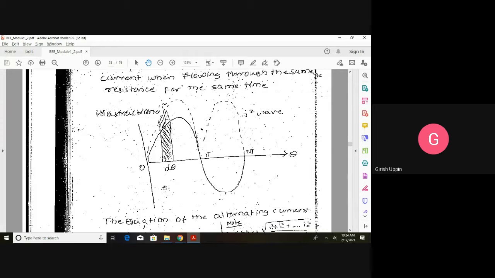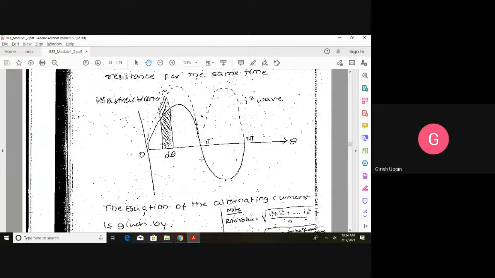For a sinusoidal waveform, we are going to consider only the half cycle.